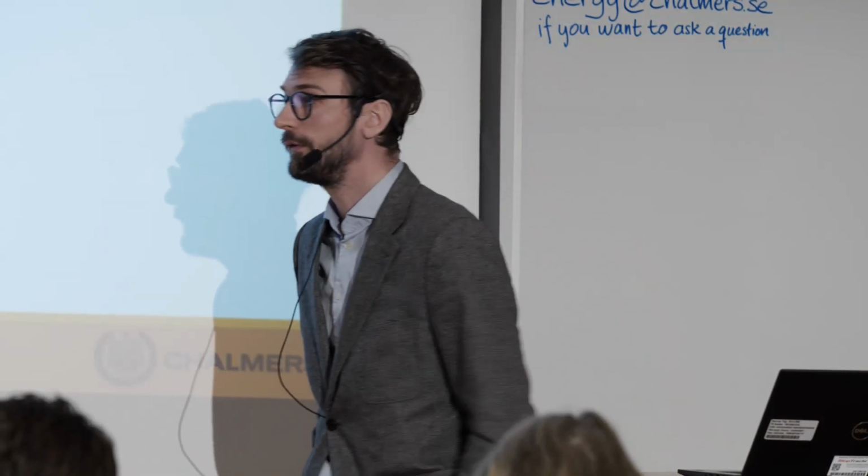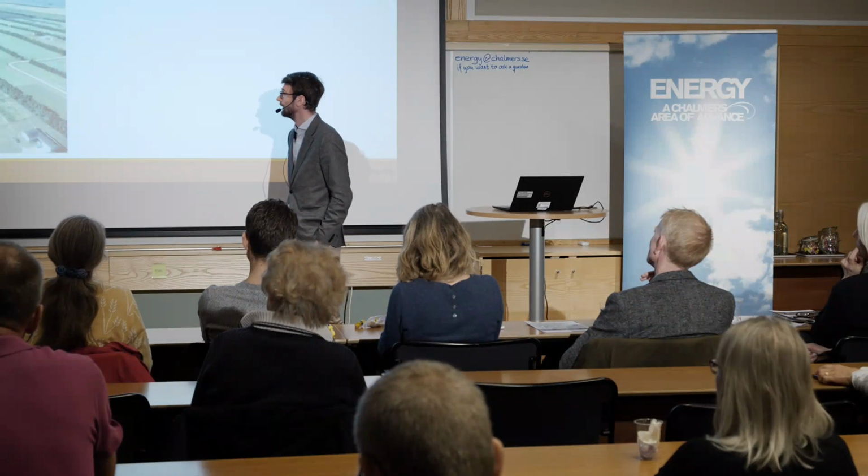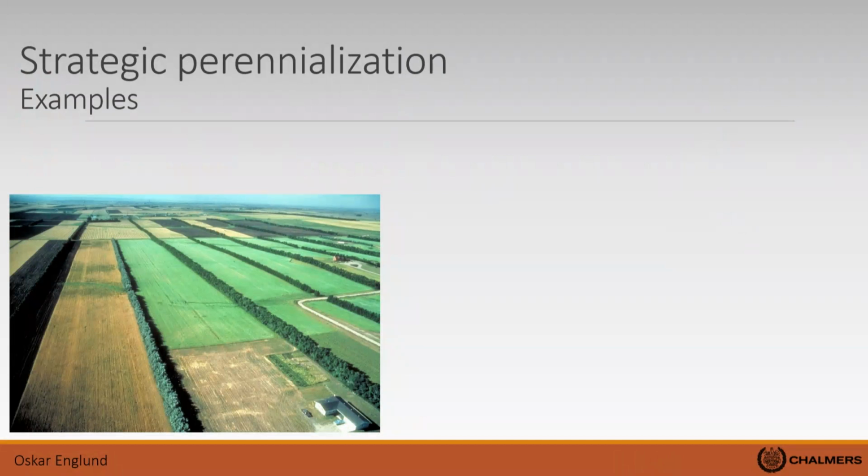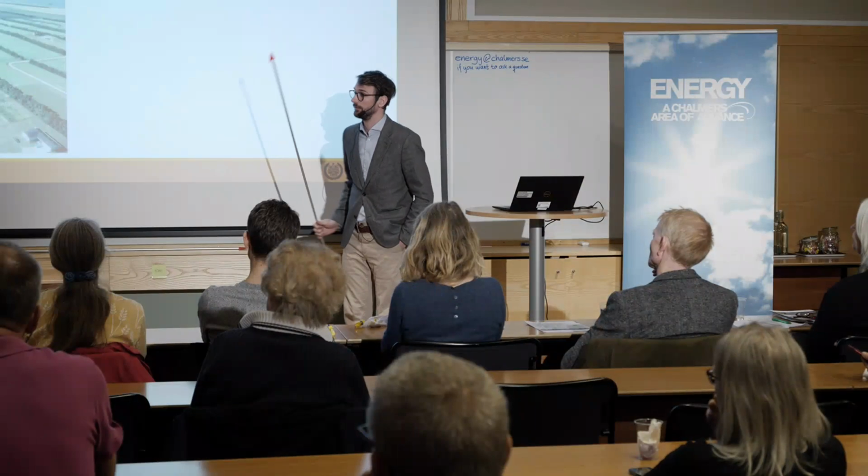So a few further examples of strategic perennialization. Here we have good old-fashioned windbreaks. So this is a landscape where it's really windy and the soil may be sandy, so the wind erosion is high. So you establish these windbreaks with tree species that protect the cropland in between. And by doing this, you take some cropland.